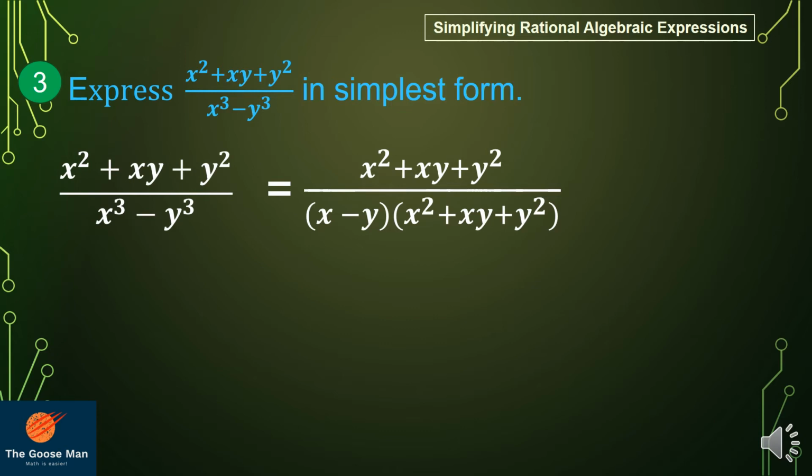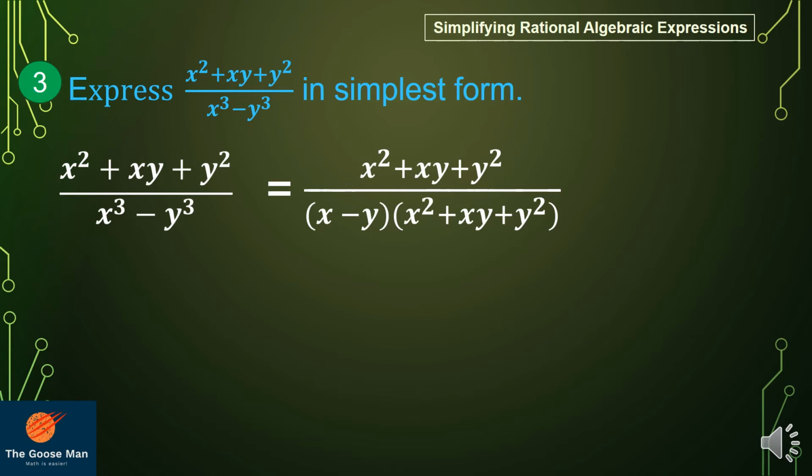But take note, the denominator can be factored as a binomial and a trinomial. To get this x, we will get the cube root of x cubed, which is x. The cube root of y cubed is y. Since this is subtraction, we will write subtraction as the sign in the binomial.